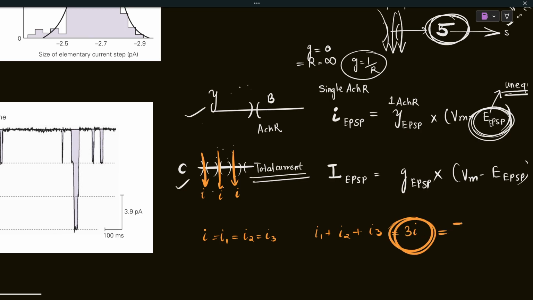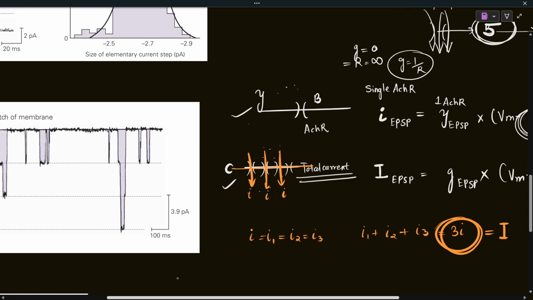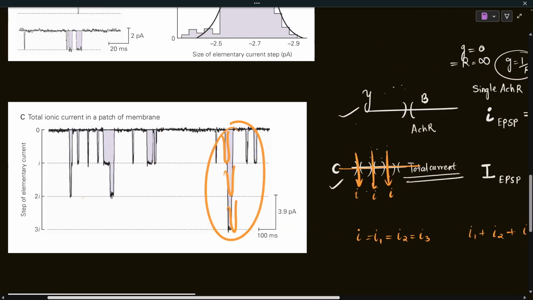This is the current being generated through this membrane. They saw that whatever the single ion channel generates, the second and third ion channels generate as well, and all of those are summed together to give the current flowing through the membrane.